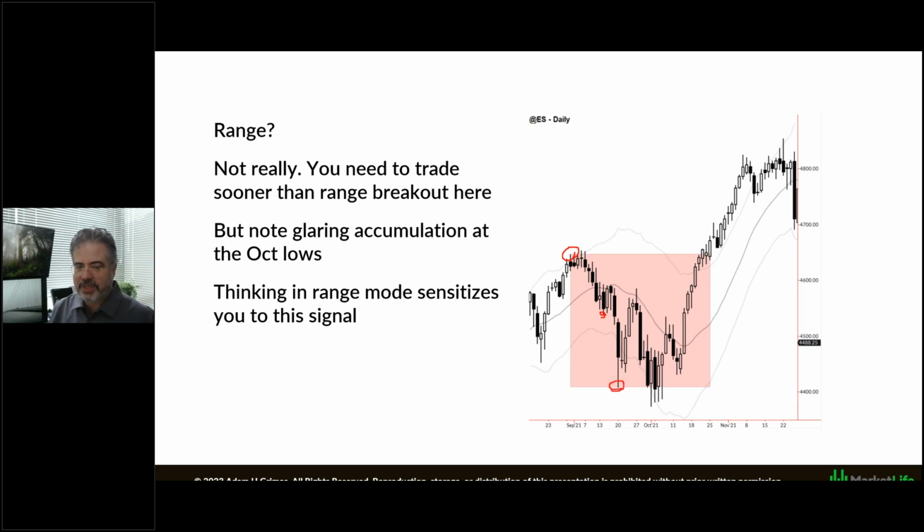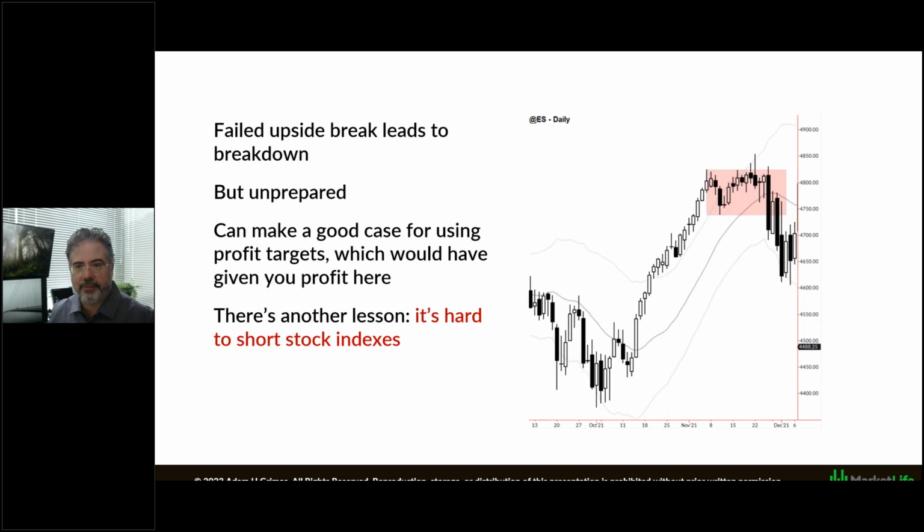And I said I don't tend to use these climax points as range extremes, but in this case, the climax point was the range extreme. It's not like it was a test of a range extreme. Do you understand the difference? If you have the previous low and then you wick down to it and through it, I won't necessarily move down under that, but in this case, that actually did mark the range extreme. And that's why I didn't move the range down here. Things to think about there.